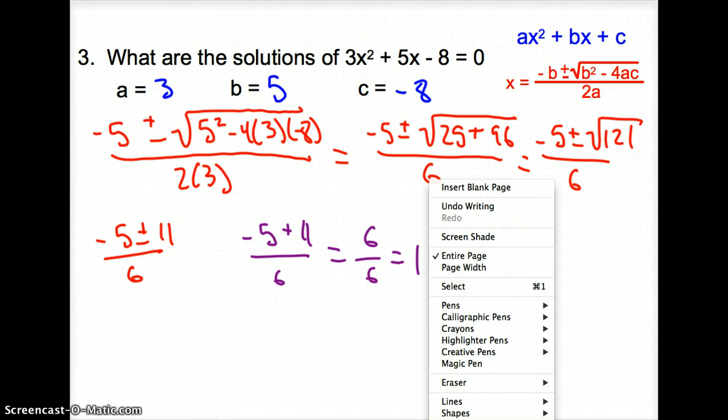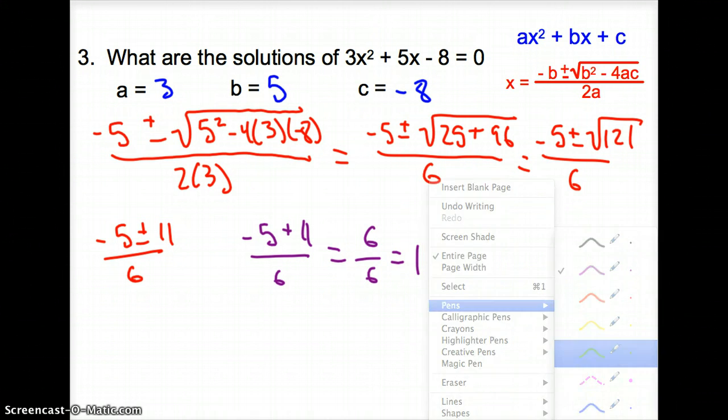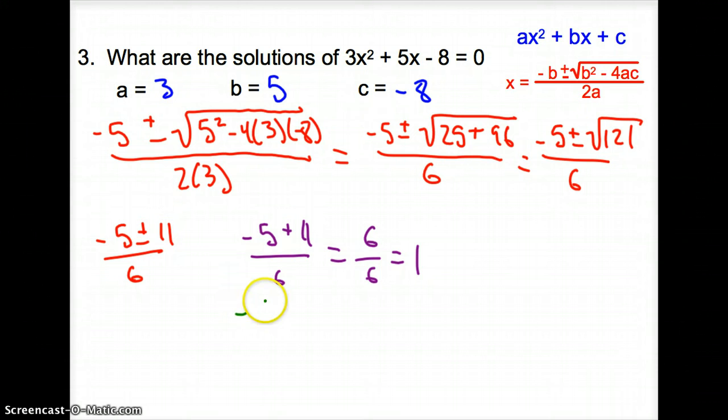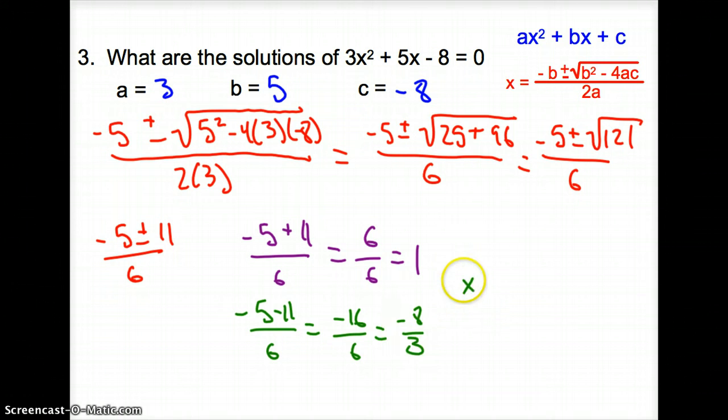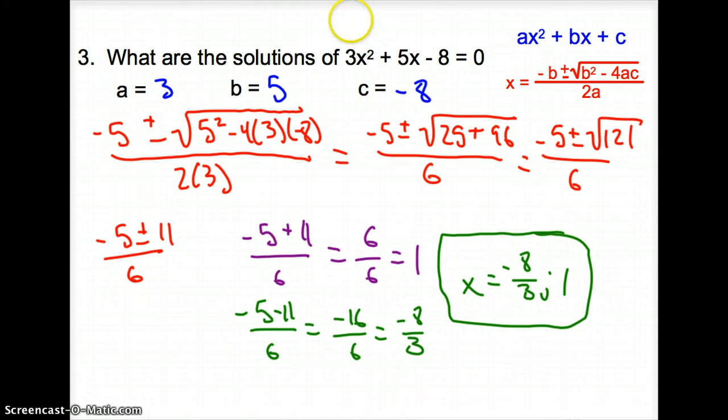So one answer is 1, and the other answer is negative 5 minus 11 all over 6, which equals negative 16 over 6, which simplifies to negative 8/3. And so x equals negative 8/3 and 1. So there are your two solutions for this equation.